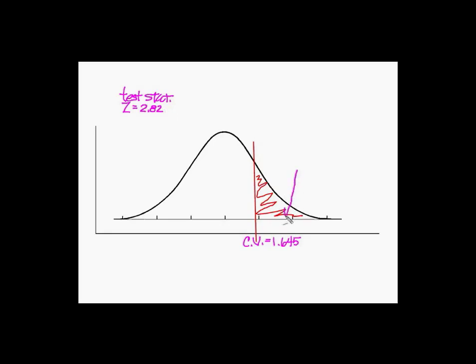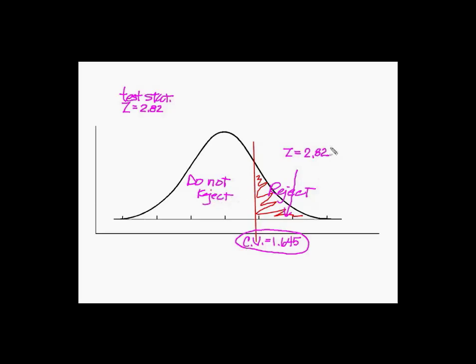So now I'm going to find 2.82 on the curve. Somewhere up here, not drawn to scale, but I know that my z is equal to 2.82. Remember, I told you that this red line that is identified by this critical value right here separates the reject region of the curve from the do not reject.